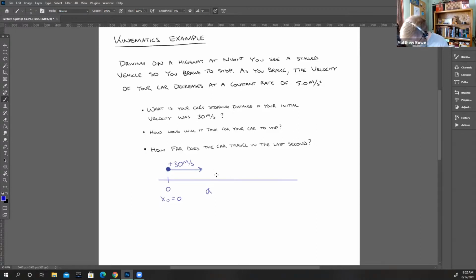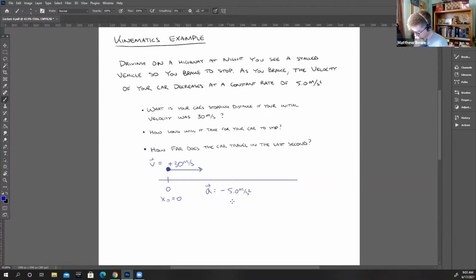The acceleration equals a negative 5.0 meters per second squared. Now that negative isn't in the question, it was in me understanding what is happening.